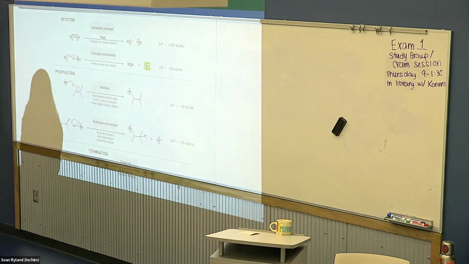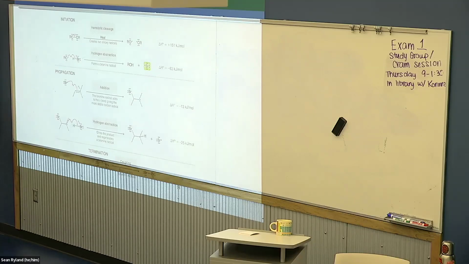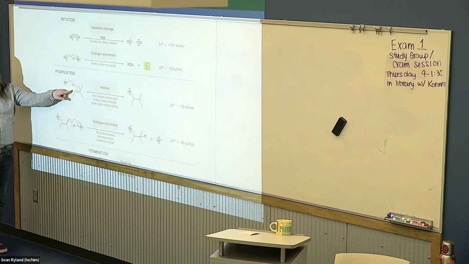This is still where I'm not satisfied with the explanation for why this goes through an addition instead of a hydrogen abstraction. There's still an allylic hydrogen here, right? And it's still a bromine radical with an allylic hydrogen, which we just did a whole mechanism based on. So I'm still looking for more sources that explain why.